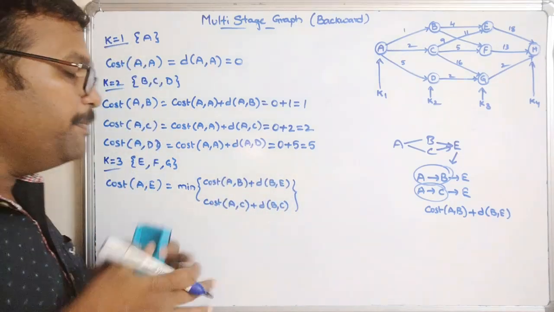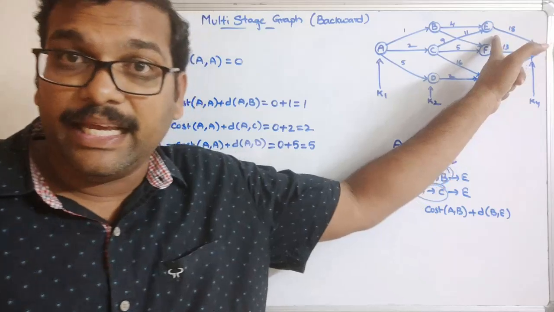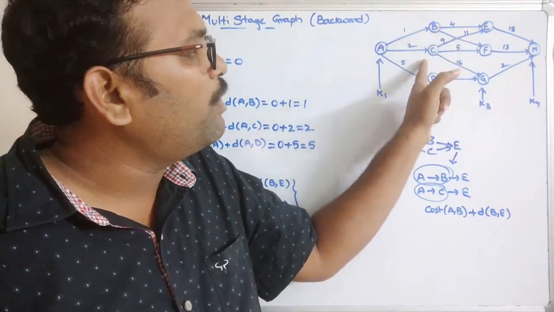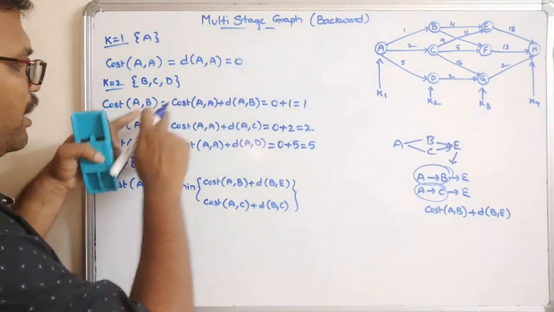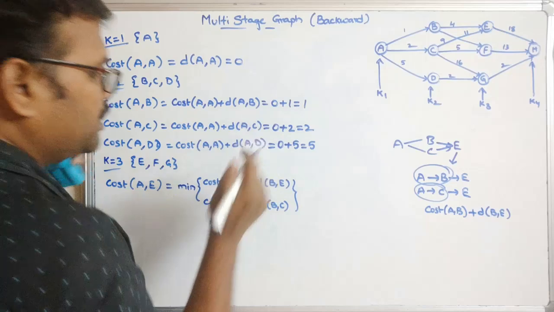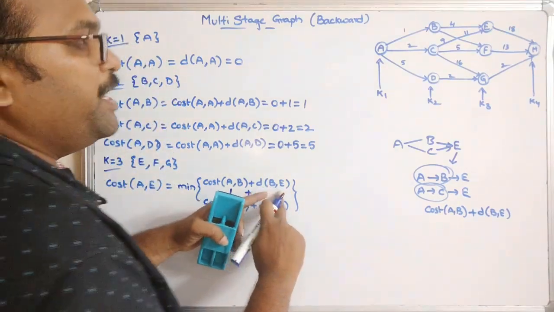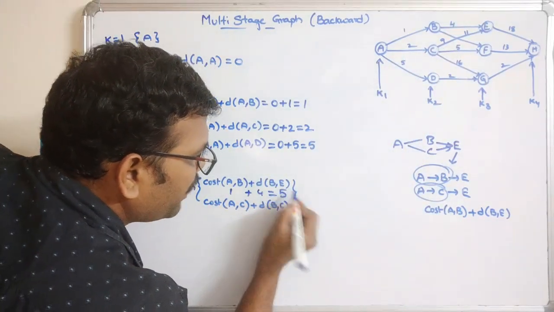So we need to find the minimum among these two, because in order to reach vertex E, there are two possible paths from the source. One is through B, one is through C. The cost of A to B we have already computed in our previous stage. Cost of A to B is 1 plus the distance of B and E, which is 4. So in total it is 5.